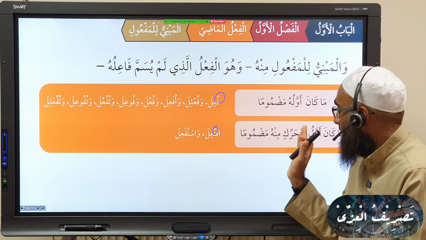Make a judgment, judge on this. قياس on this, meaning make a judgment on this. So based on nasara yansuru, on this verb, which verb was mentioned in the book so far? Nasara. Yes? So based on this verb nasara, make your own judgment for the rest. So what's maf'ul bihi of qis?